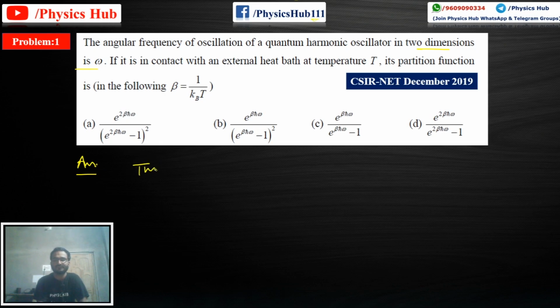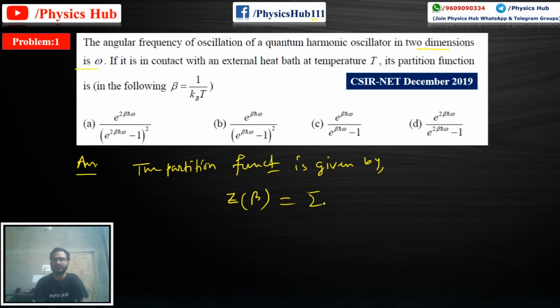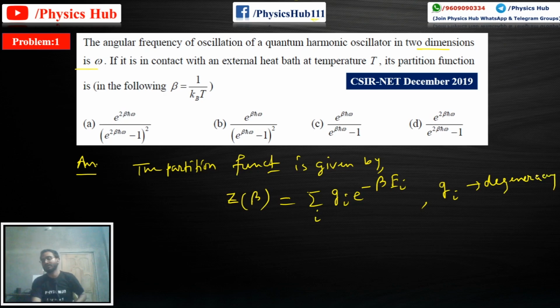Now the partition function is given by the general formula: Z of beta, a function of beta, equals the sum over i of gi e to the power minus beta Ei, where gi represents the degeneracy of a particular set of states with a particular energy, and Ei is the energy of the ith state.